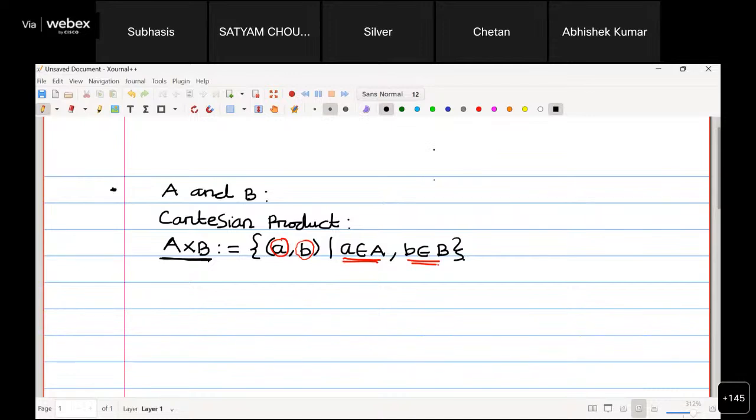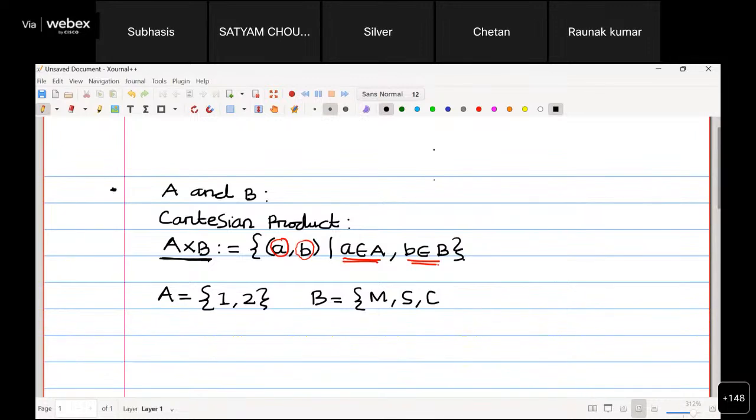For example, let's take A to be {1, 2} and my set B to be {M, S, C}, where M denotes math, S denotes stat, and C denotes computational thinking.